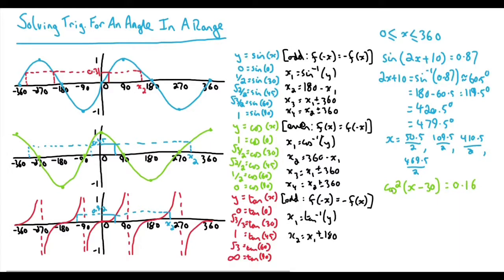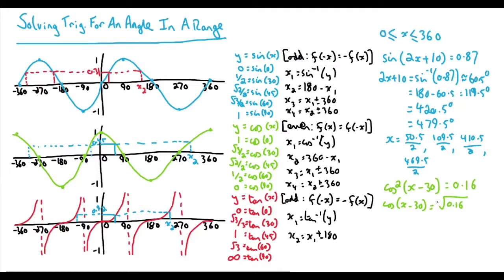So again, before we can actually get to the inverse this time, before we can get to our x minus 30, we have to make it a singular cos function. It can't have anything else really added to it. So we can't have this square. Therefore, we'll start by saying the cos of x minus 30 equals the square root of 0.16.